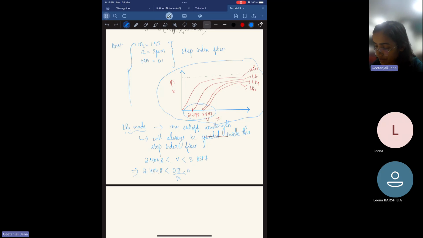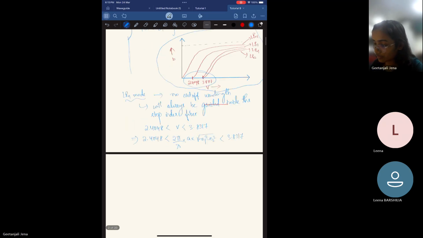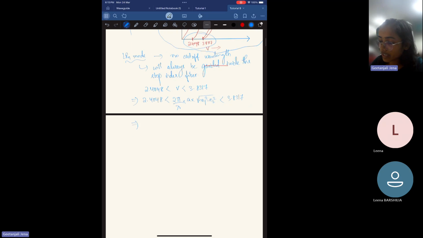V is 2 pi a square root of N1 squared minus N2 squared, divided by the wavelength. The square root of N1 squared minus N2 squared is nothing but the numerical aperture of the fiber, if we consider that the surrounding medium is air.